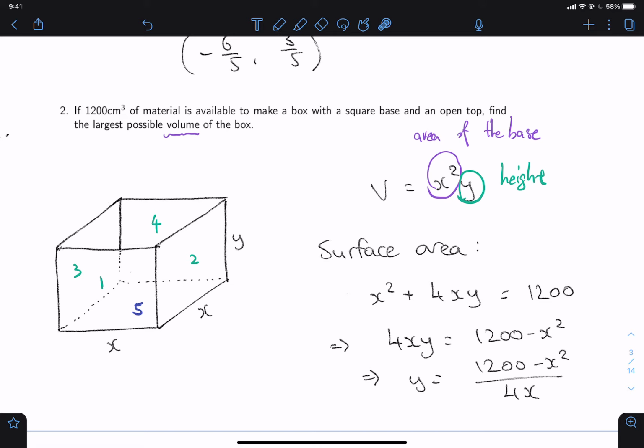So we're going to find the area of each side. That is x times y, the area of each side, and then we have 4 of them in total. So 4xy is the total area of the 4 sides.